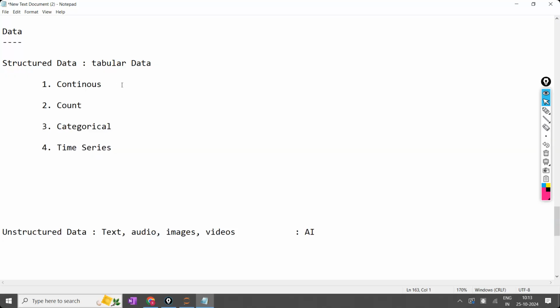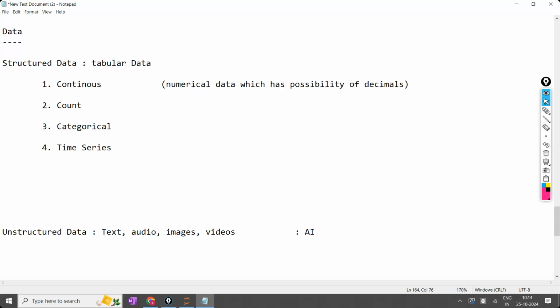Now, what is meant by continuous? Continuous means numerical data which has the possibility of decimal values.